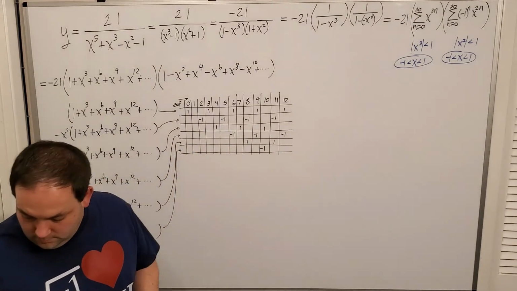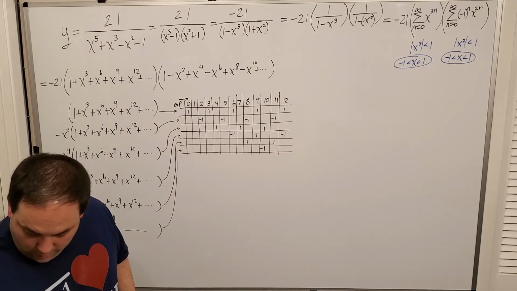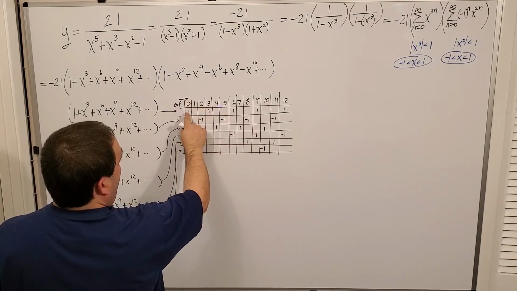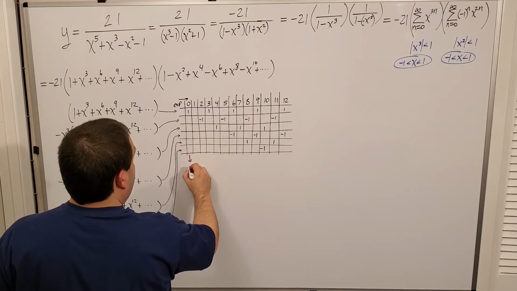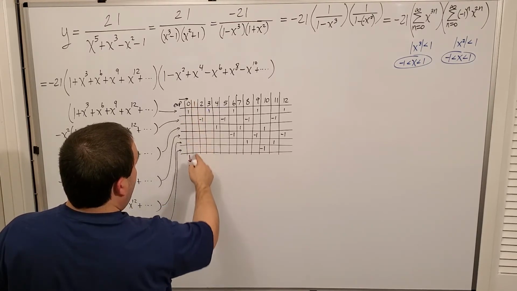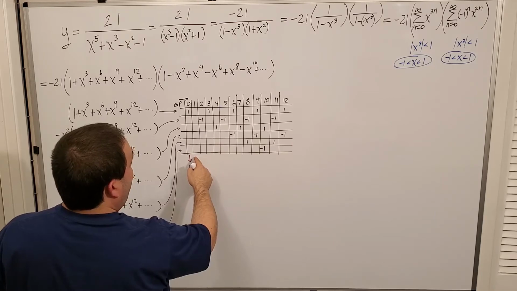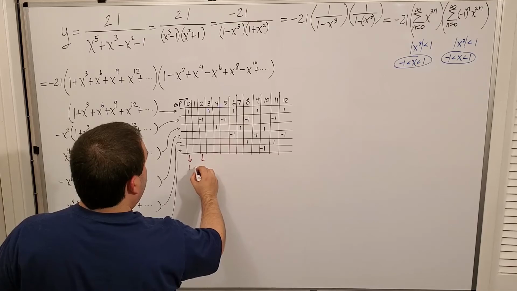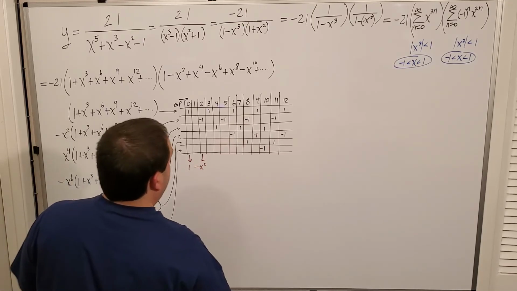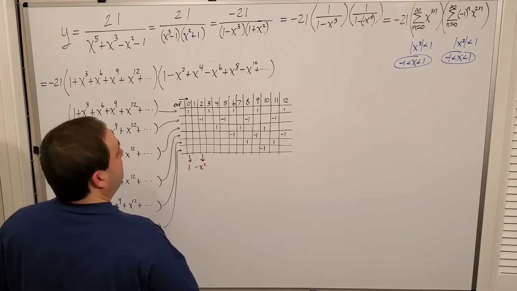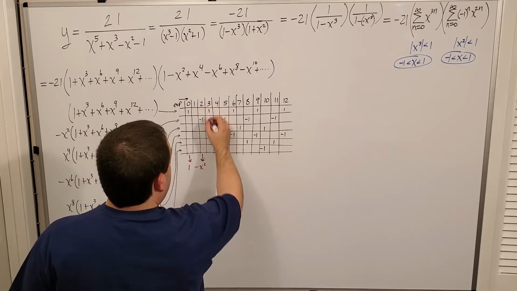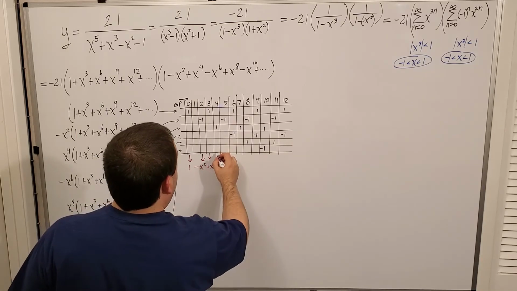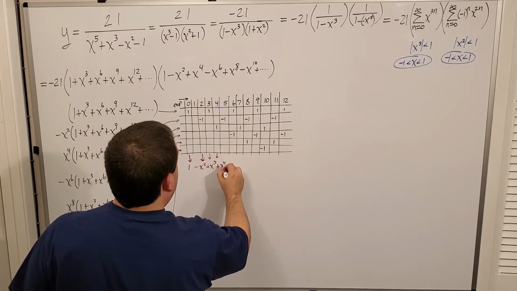Okay. So look at what happened here. I have x to the 0, I have one of them, okay? That's going to give me 1. I have no x to the 1s, okay? So no x's. I have 1 minus x squared there, okay? I then also have from this column plus x to the third and plus x to the fourth, right?